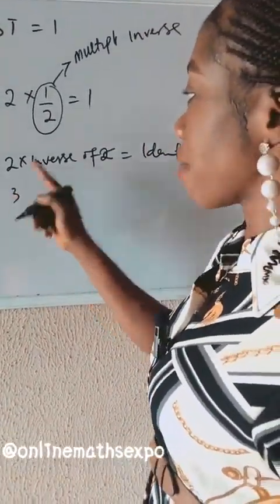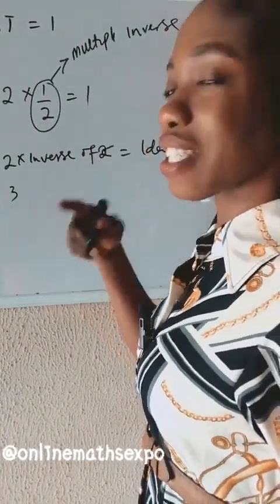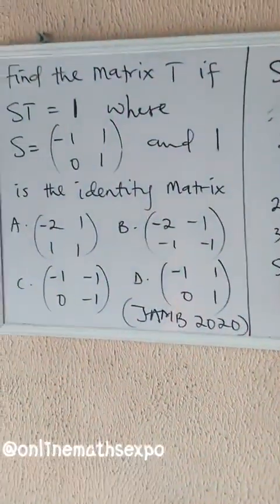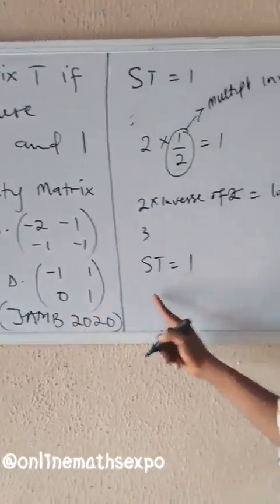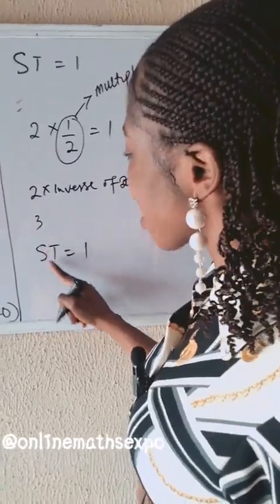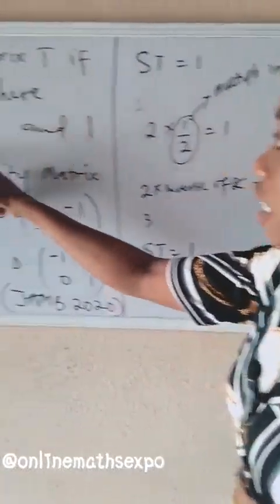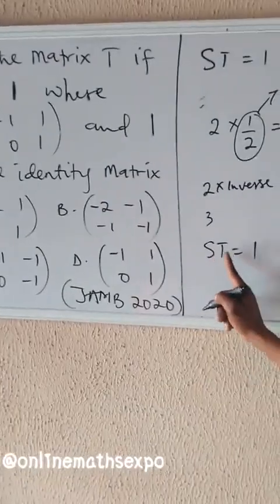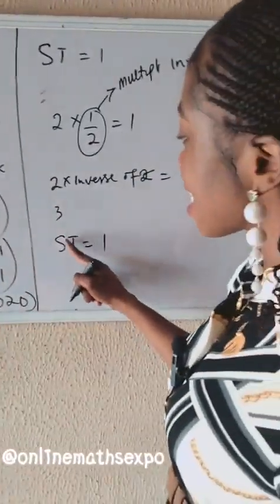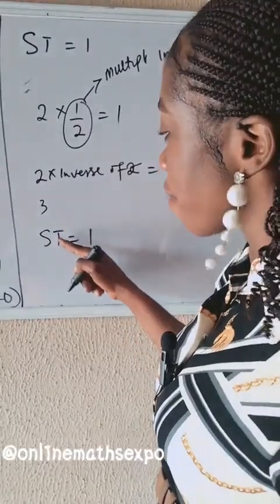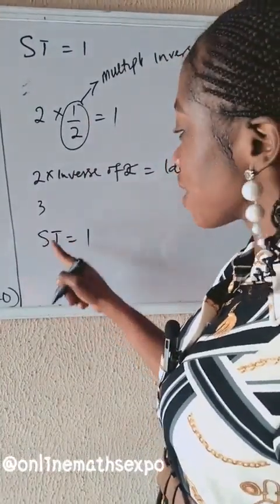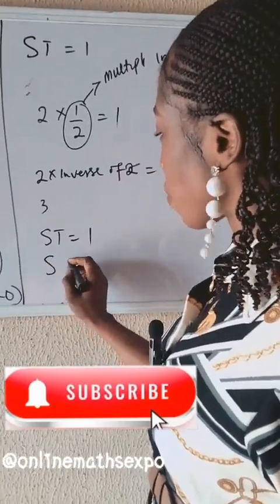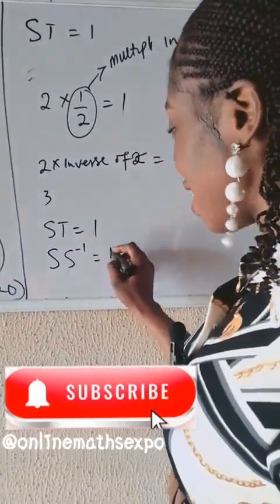If I multiply 3 by inverse of 3, it gives me what? Identity. Now, what this question means is that if I have ST is equal to I, it means that one of these is an inverse. So the question has given us S, and if it has given us S, it means you want to find T. It means that this T we want to find is the inverse of this S. So S multiplied by S inverse is equal to identity.